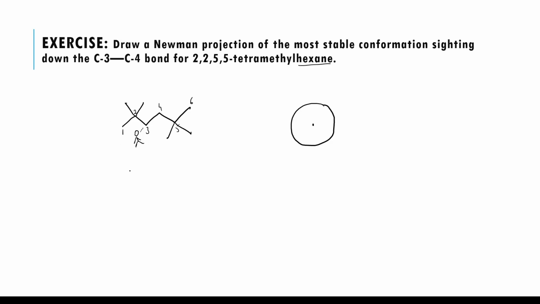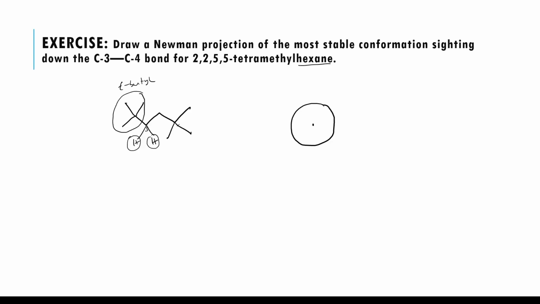So I'm going to erase something, and I can discuss the things. Okay, so we have here number 3, we have 2 hydrogens, and let's just circle them. We have 2 hydrogens, and this group, which is a t-butyl group.